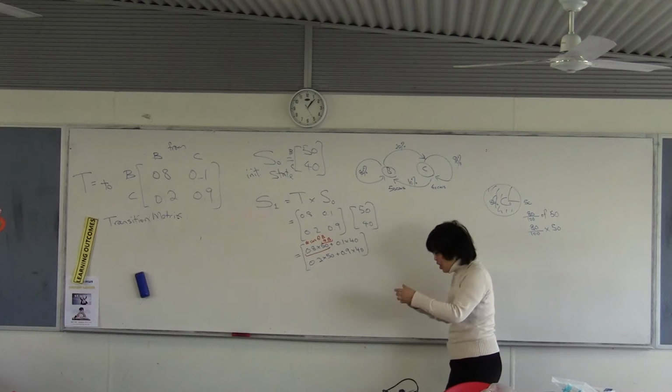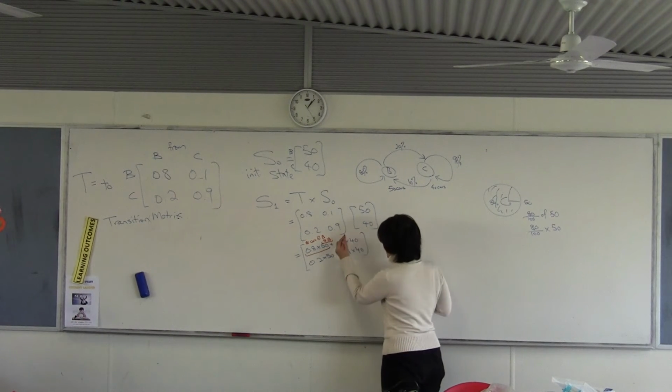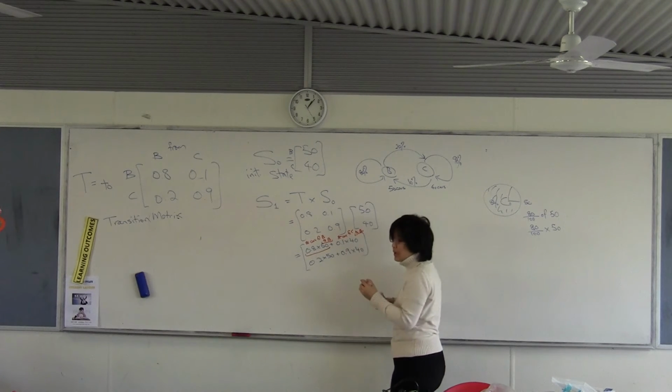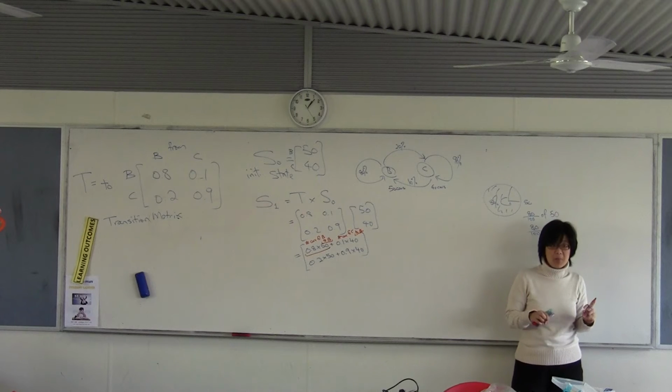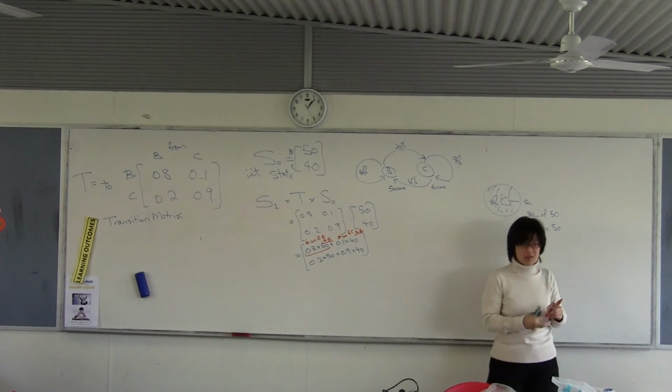How many cars from C to B? Number of cars borrowed from Collect, returned to Bendigo. Okay? So far, happy? Tariq, what's 0.2 times 50?